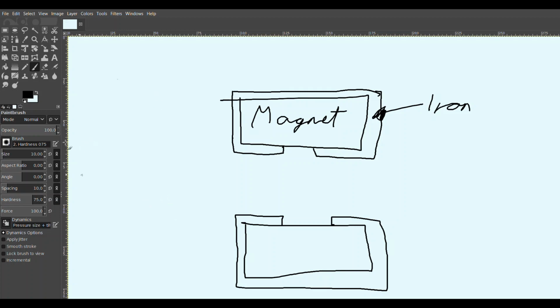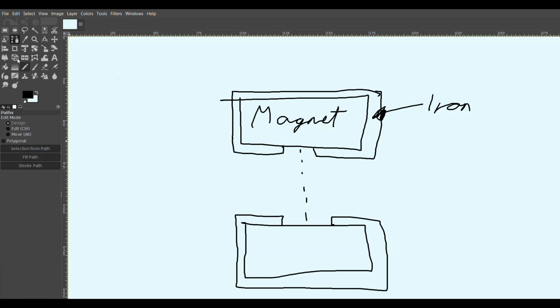So let's say we have, okay, so I'm just finding the middle here. Let's see. I think maybe I should see if I can make paths here. Two-point paths, but too bad.